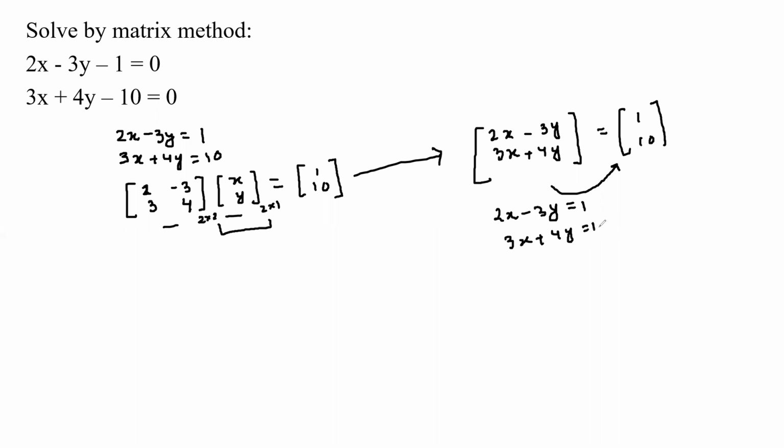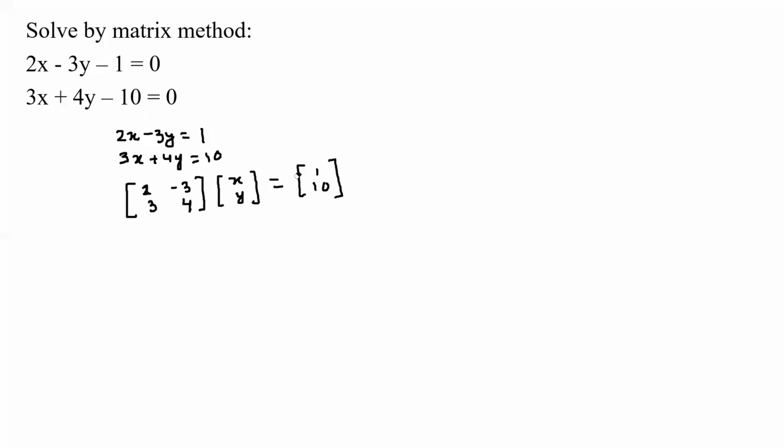Now you can clearly see here, when we multiply, we are getting exactly the same equation once again. So now you understood how it is possible to convert the given equation in the matrix form. Okay, here we arrange the given equation in the matrix form. You understood how to convert them into the matrix form, right?